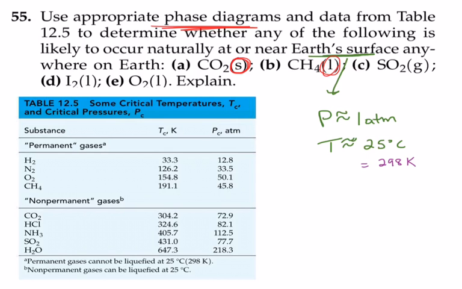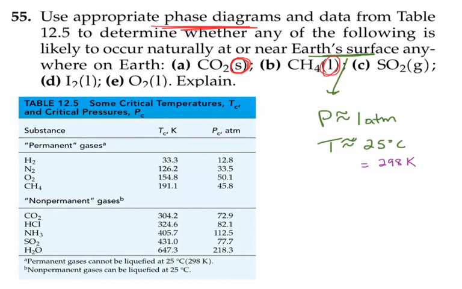So we're supposed to say whether or not solid CO2 would naturally occur? Correct. It won't, we know carbon dioxide's a gas, but you need to justify why. It probably has its own little diagram. You go on that diagram, find the normal pressure and normal temperature, and see what physical phase it's going to be.